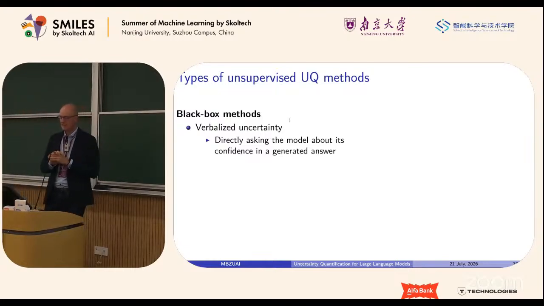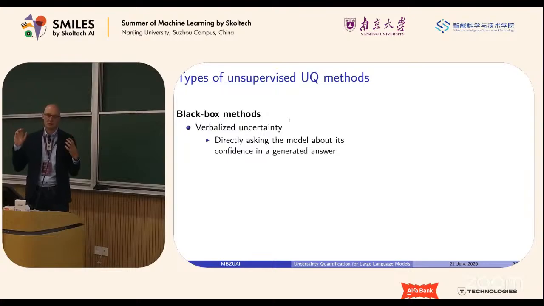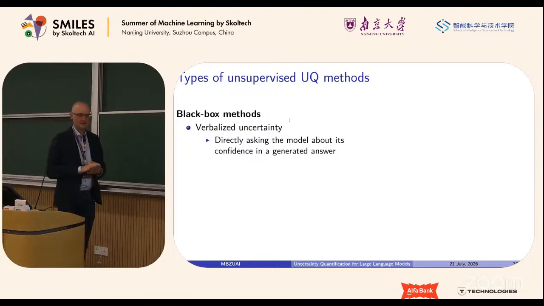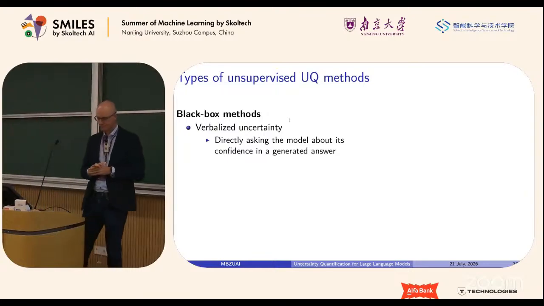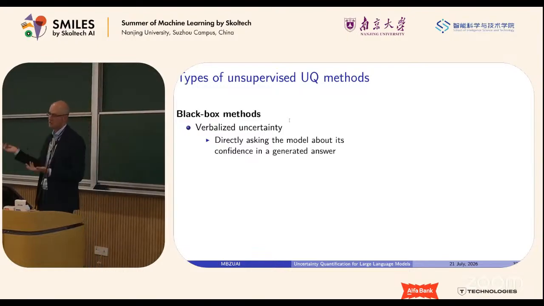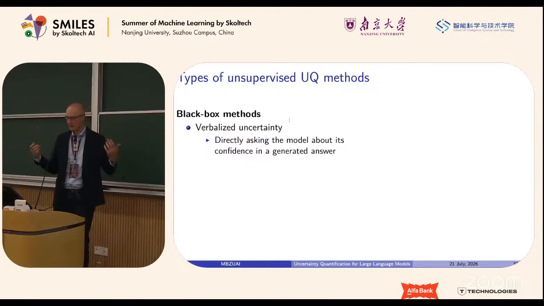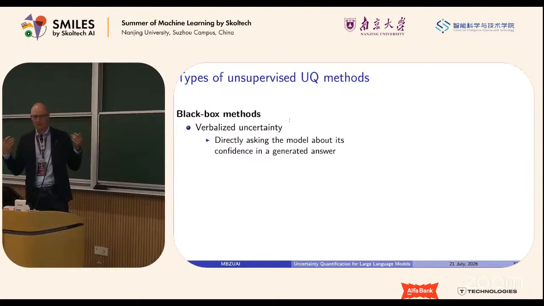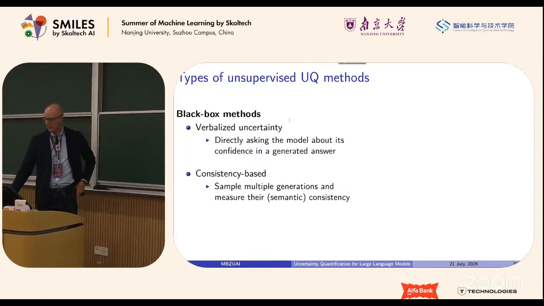Black box methods deal with LLM deployments that don't expose anything except for the textual generations. Let's say you have ChatGPT. It's a black box because you cannot reach the internal states, you cannot reach any logits. You need to do something only with what is generated by the model itself, like with the text that it generates.